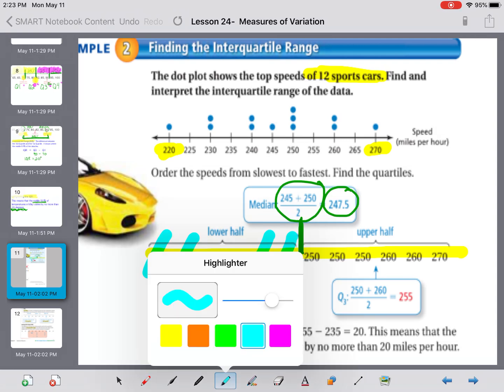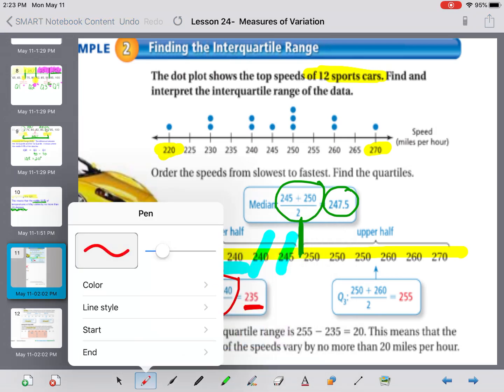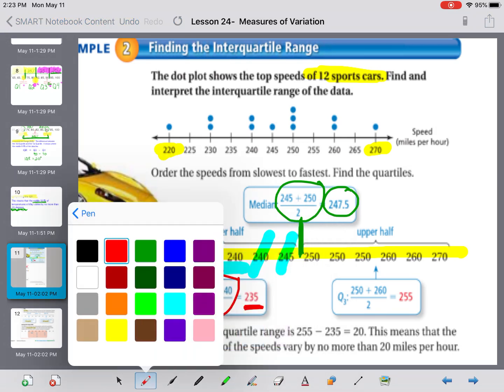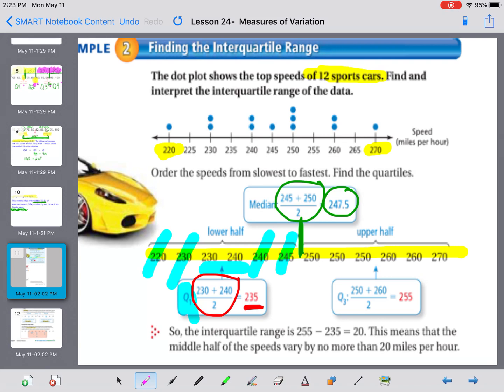And finally, you guys, that last one, I'm going to get one more color. The last one, friends, is a similar idea. Now you're in the quartile 3. What you had to do is find the middle of the upper half. So you crossed off 250, 250 and 270.